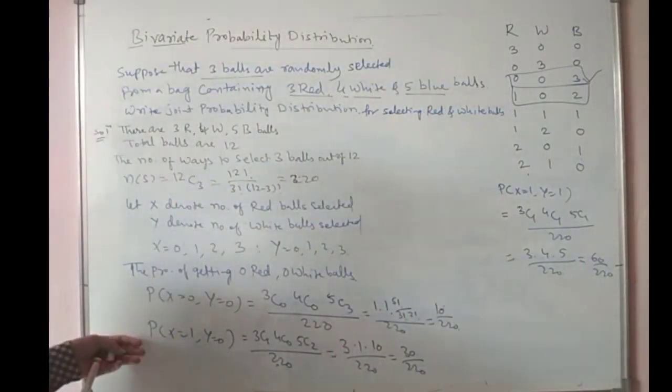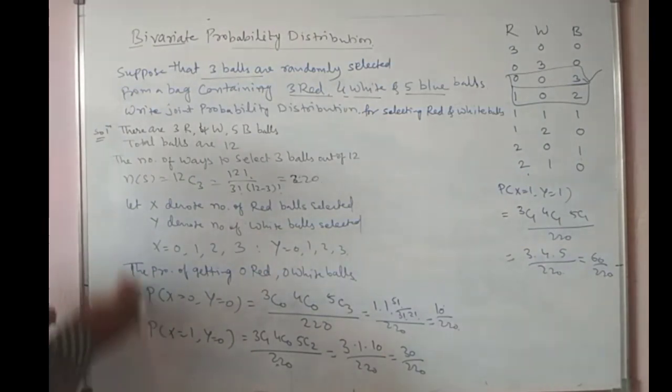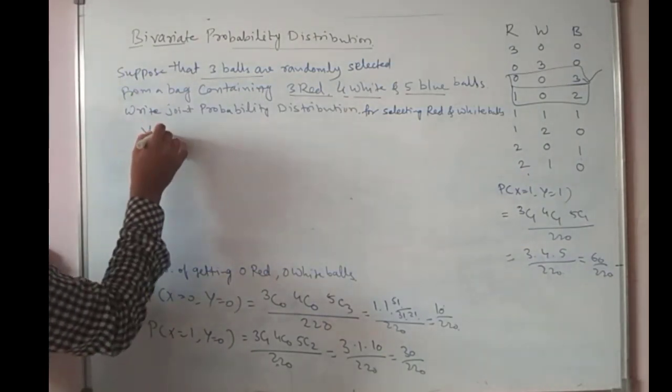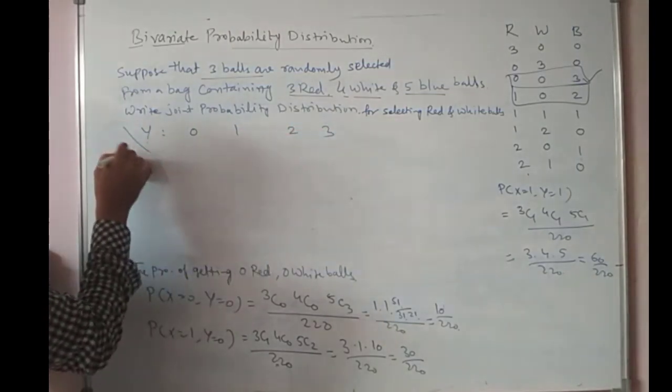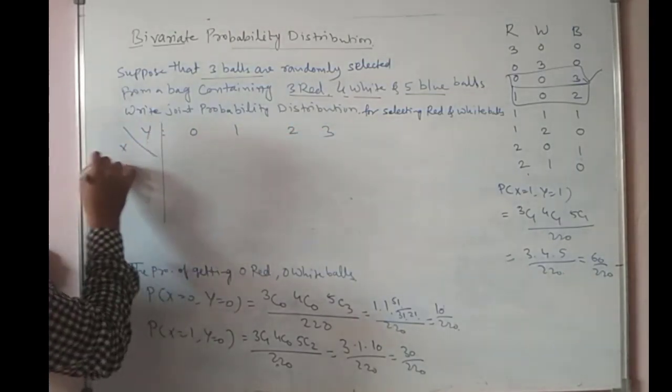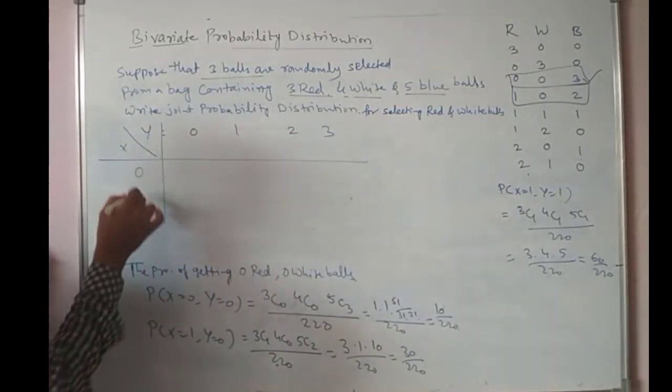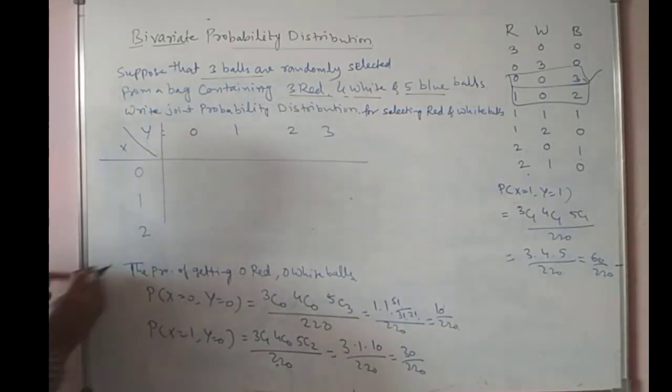With the help of this, if you prepare a table, then write the y values here: y takes values 0, 1, 2, 3. And then write the x values here: x takes values 0, 1, 2 and 3.